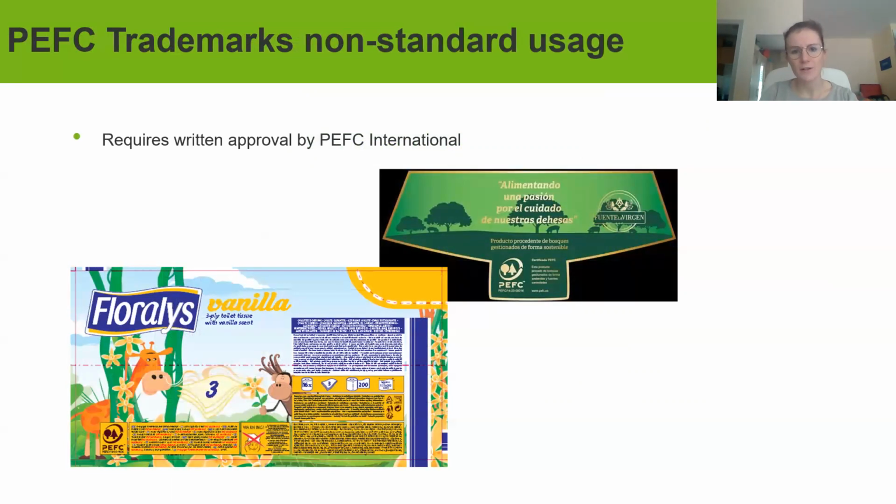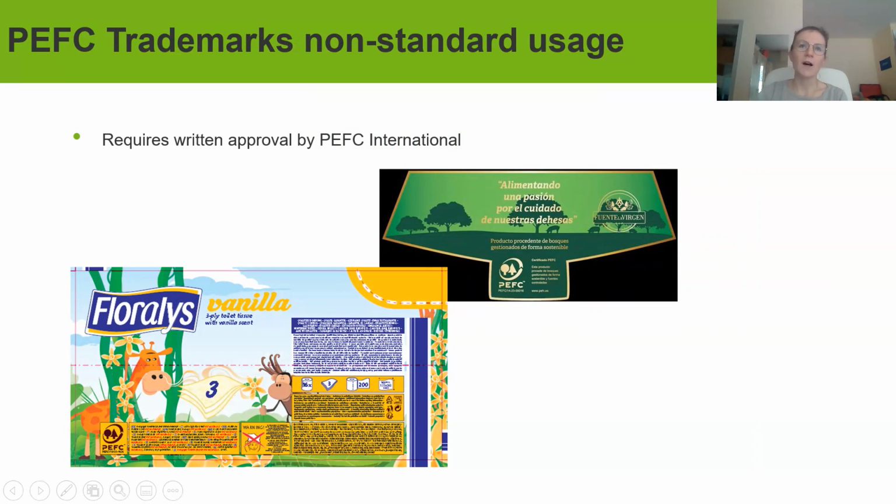A PFC trademark license holder can request an approval for non-standard usage of the PFC trademarks from PFC International if it's related to a change of color, like here in these two examples.